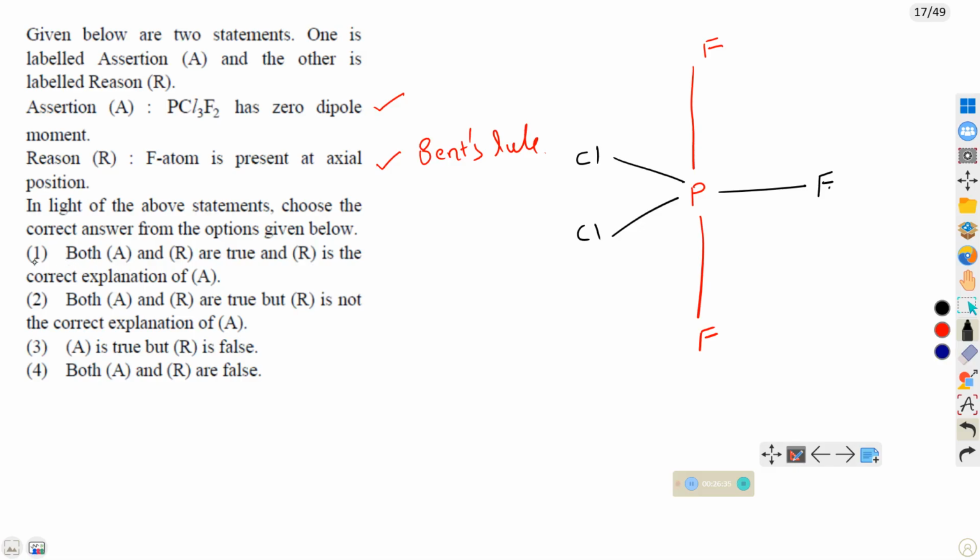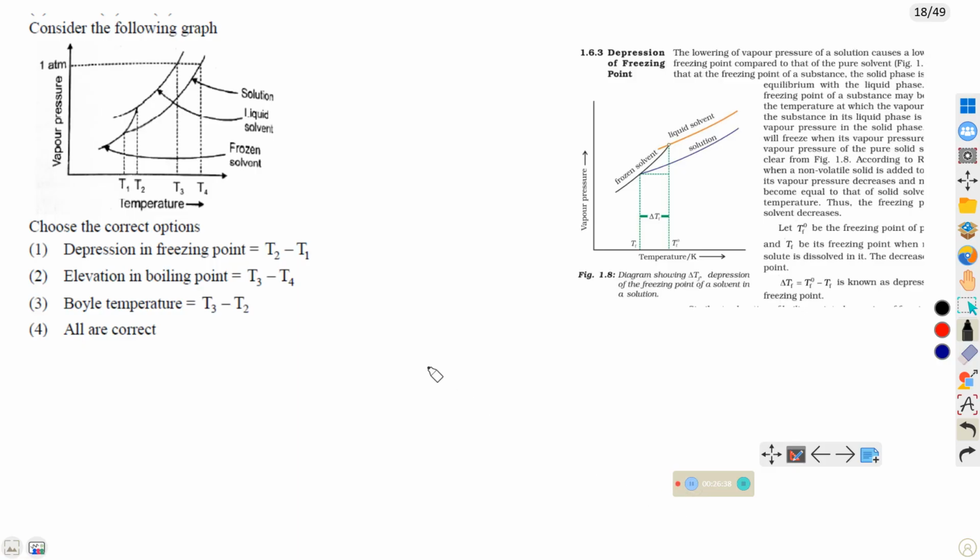A and R are true. R is the correct explanation of A. Consider the following graph. Choose the correct option. This graph is related to depression of freezing point. So depression of freezing point is equal to T2 minus T1. First option correct.